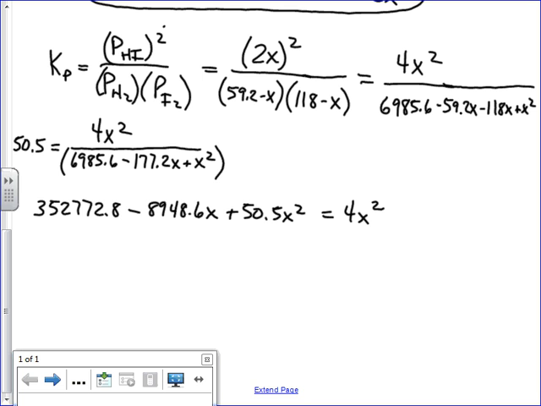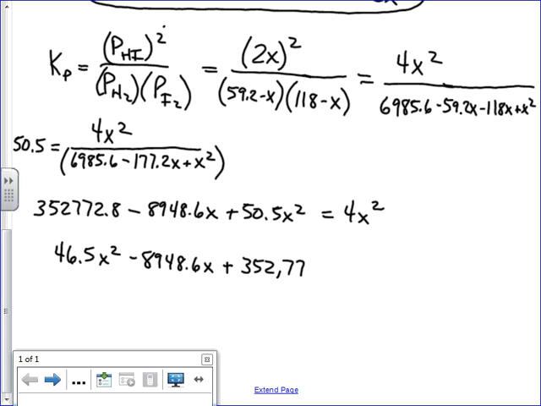Okay, we're close now. We're very close. So then we have to get everything on one side and have 0 on the other side, so we just need to subtract 4x squared from both sides at this point. And then I'm going to rearrange this so that it looks like the ax squared plus bx plus c thing. So 50.5 minus 4 is 46.5 x squared minus 8948.6 times x plus 352,000.